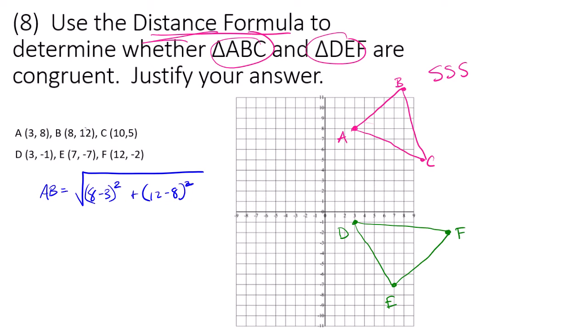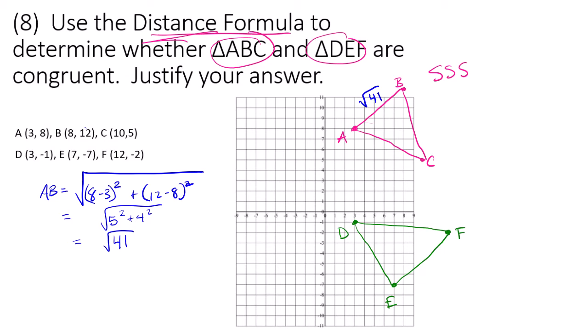So x2 minus x1 squared plus y2 minus y1 squared, and then we take the square root of all that. And so this will be 5 squared plus 4 squared. So 25 plus 16 is 41. So we get the square root of 41 is what AB is, right?